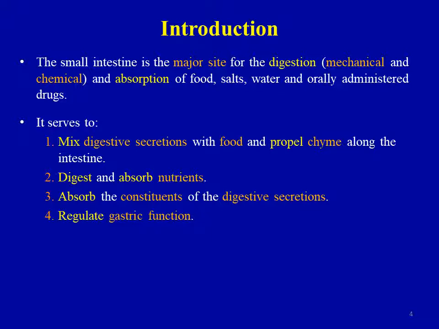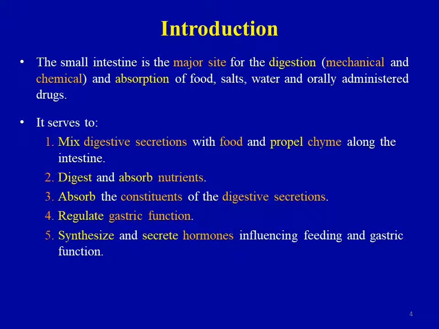Also, the small intestine, as we knew from the previous lecture, is the major regulator of gastric function. It has an inhibitory role both neurally and hormonally. It inhibits the gastric secretion and emptying if we deliver a large amount of chyme to the small intestine.